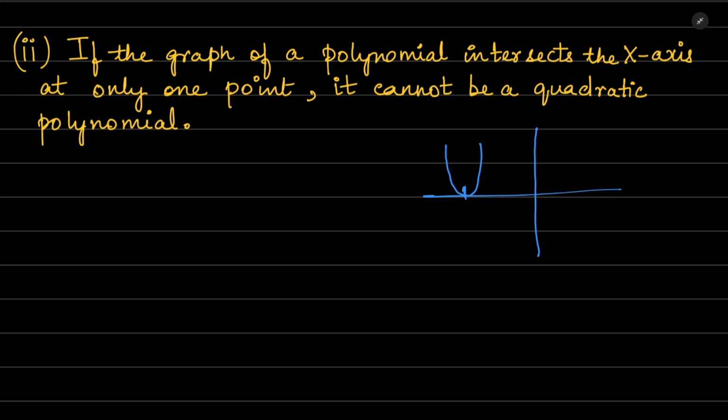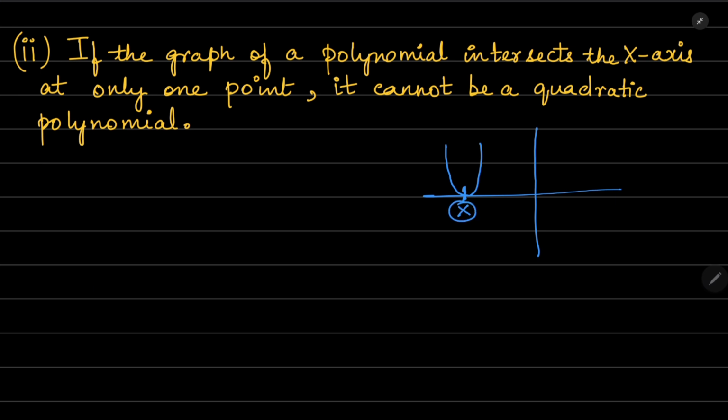Then the two intersecting points will be coinciding and they'll become a single point. So, whenever the two zeros of the quadratic polynomial are equal, both points will coincide and it will become one point. Am I right?